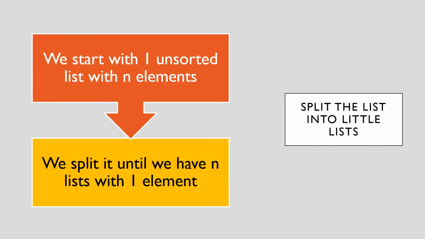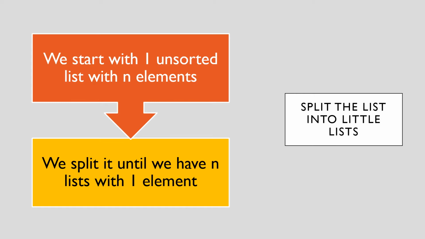In fact, we're going to split the list down into lots of little lists of one item each. So we begin with one unsorted list of n elements, like 100 or something. And after we've done all our splitting, we'll end up with 100 lists of one element each.